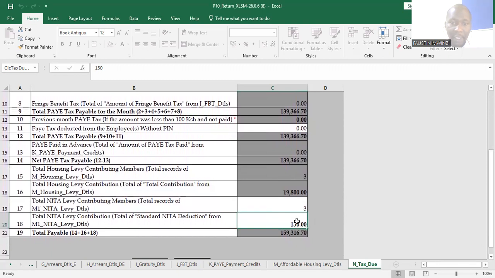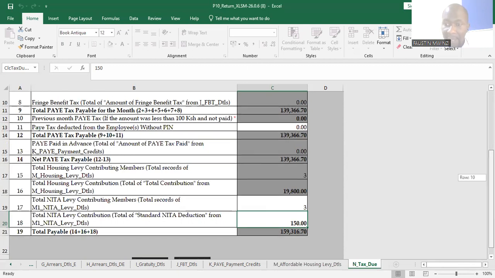There's something you need to see here that is known as NITA. NITA contribution is required for every employee. The employer must contribute 50 shillings to National Industrial Training Authority, NITA. 50 shillings for every employee. And that's how we arrive at 150, 3 times 50.